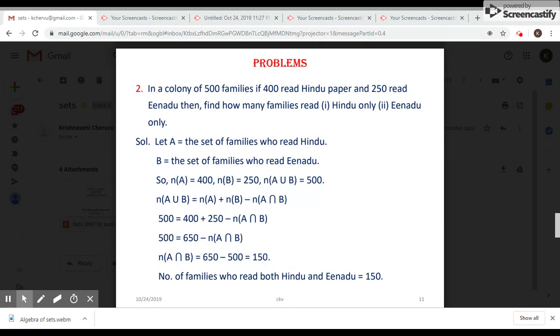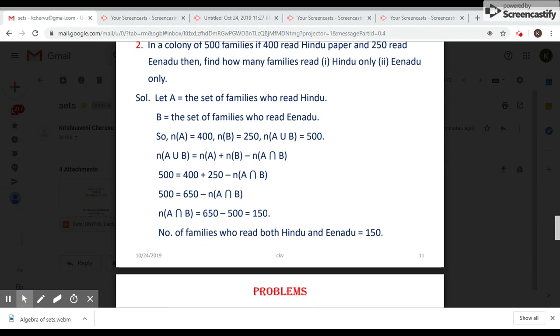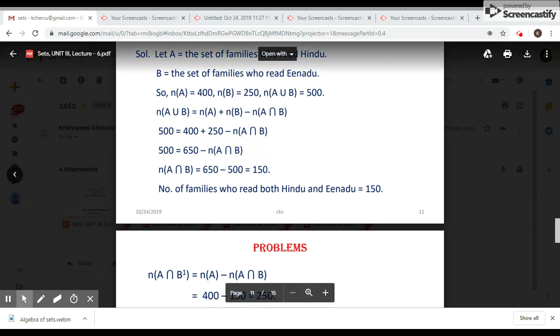So n of A is 400, n of B is 250, and the total families in the colony is 500. Let us make use of this formula: n of A union B is n of A plus n of B minus n of A intersection B. From which you can find out the number of families who read both Hindu and Inadu paper. It is 150.